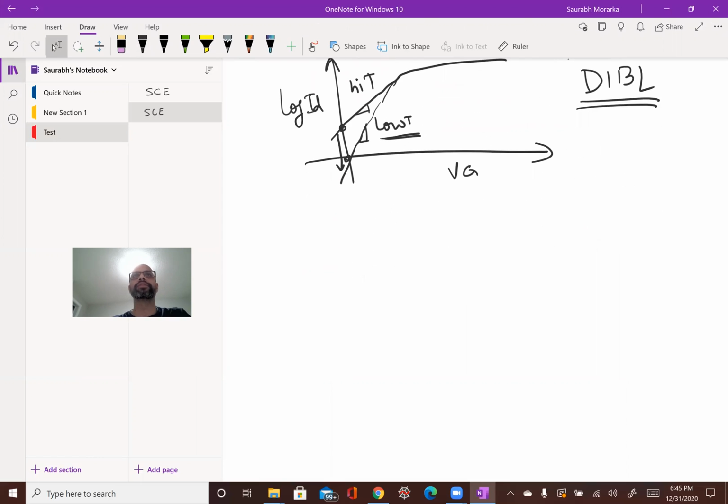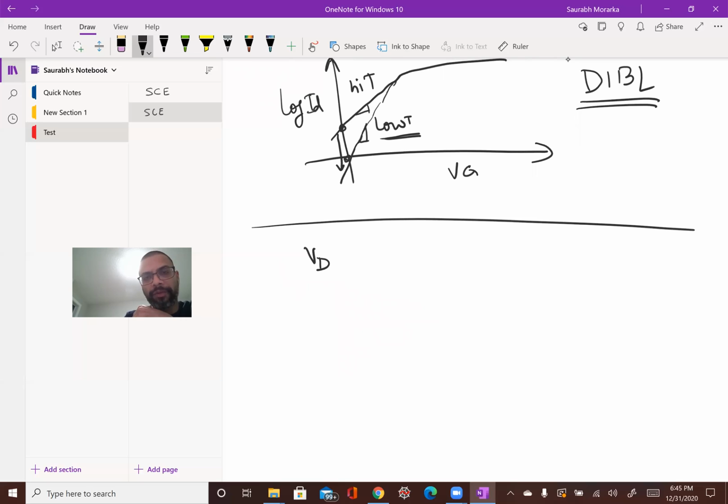Okay, so the one last point I wanted to mention was these short channel effects, they are much more impactful when the drain voltage is on the high side versus when the drain voltage is, say, on the low side.